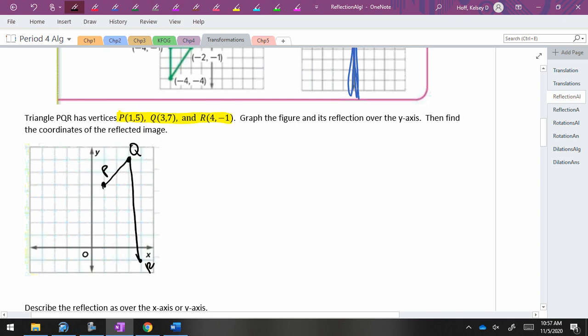P, Q, and R. Now I'm going over the y-axis.